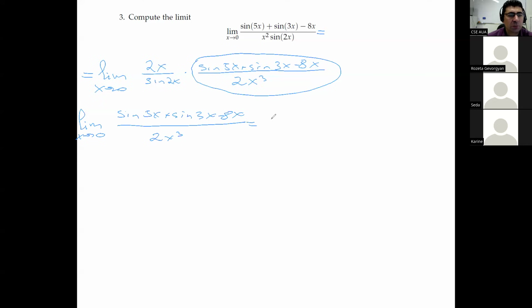And if we plug 0, we have 0 over 0. Hence, we can apply L'Hopital rule. L'Hopital rule says that limit of f over g is the same as limit of f prime over g prime if you have indeterminate form. What is the derivative of sine 5x? 5 cosine 5x.